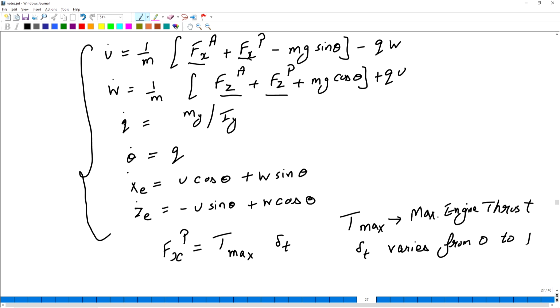So 1 means we have maximum throttle, and if delta T is 0, that means there is no engine thrust. And we assume that propulsive force in z direction is 0.